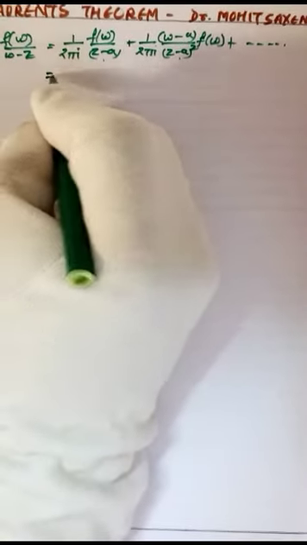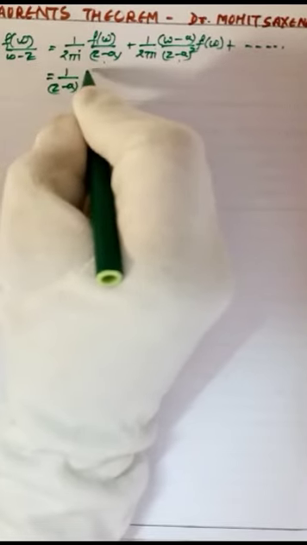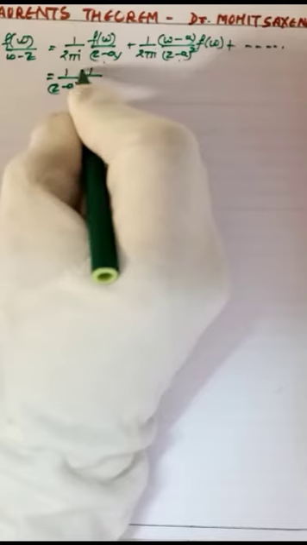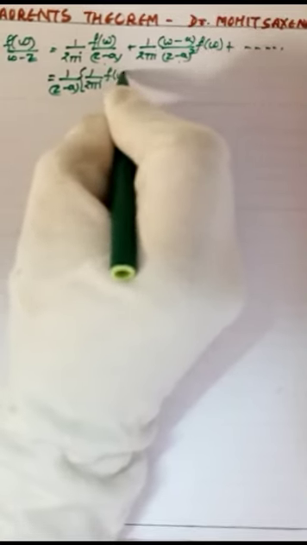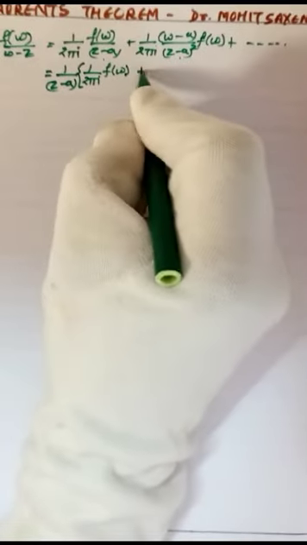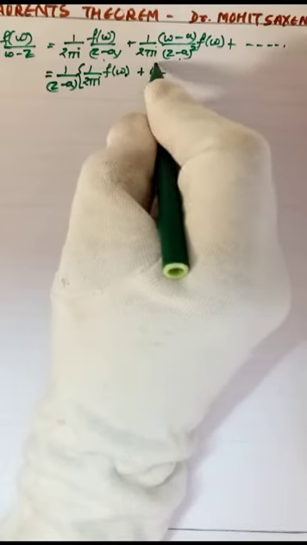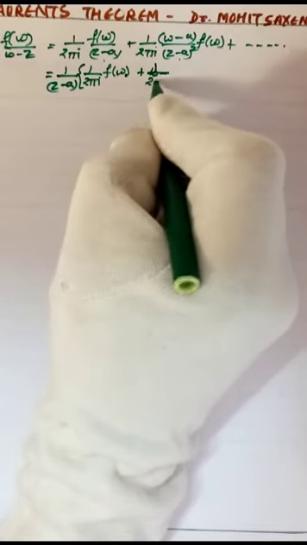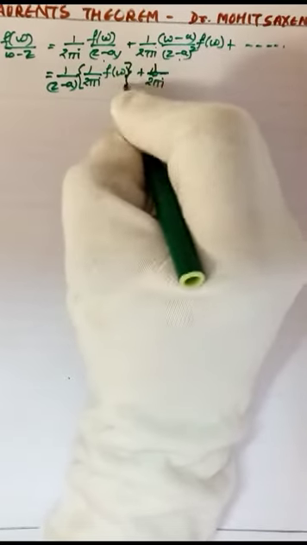We will get 1 upon z minus a outside, 1 upon 2 pi i f of w, bracket close.